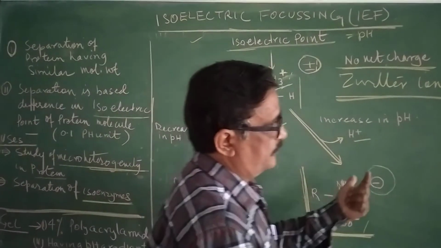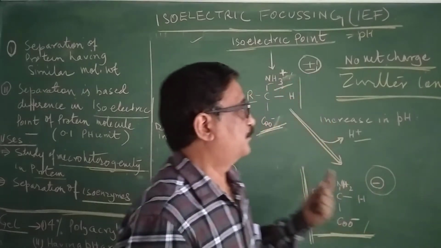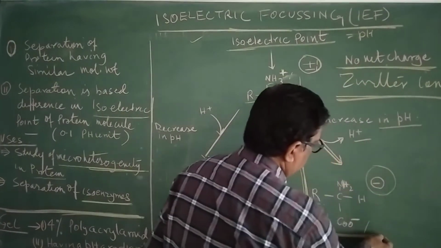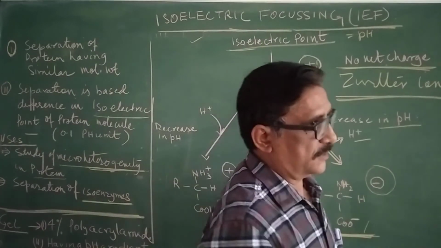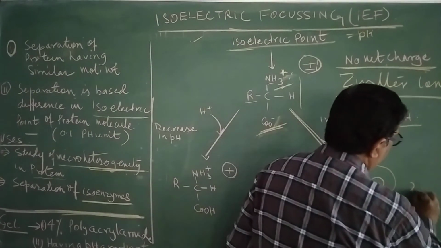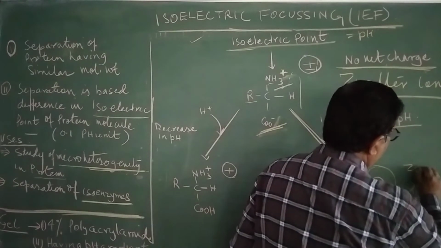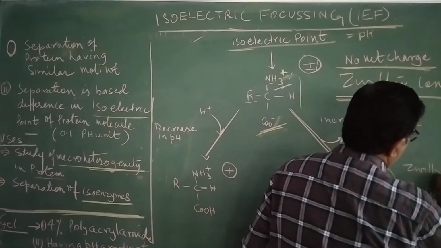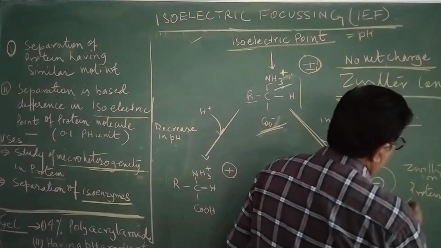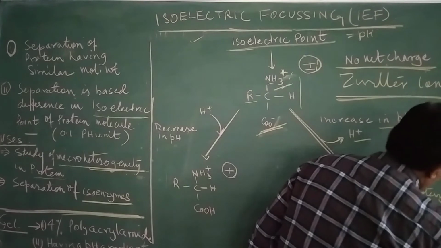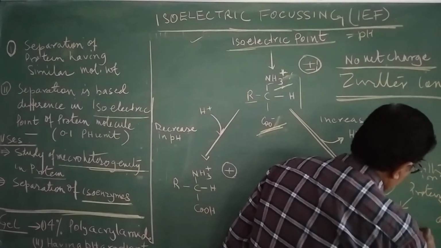In a similar way, a protein, when pH increases, exists as an anion. That means any protein can exist in three forms: as a Zwitter ion, as an anion, and as a cation.